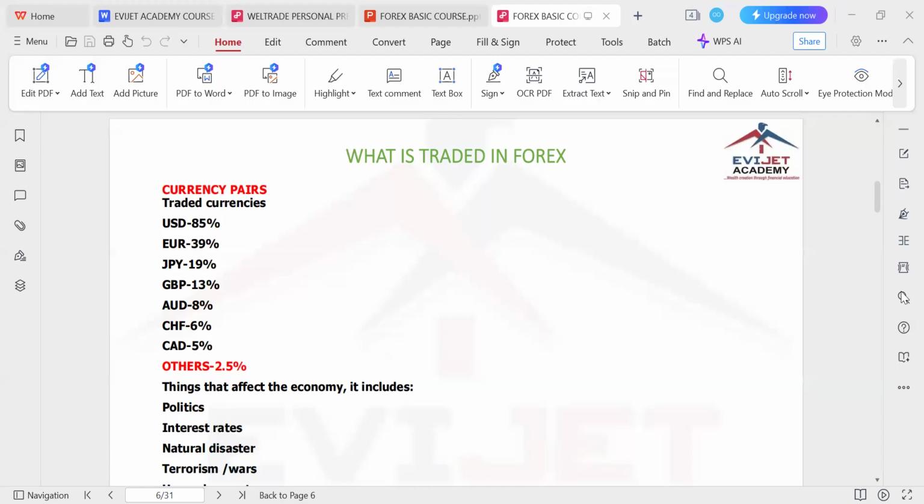So let's assume we have a tsunami somewhere in the USA. You know that will shake the economy, and you will also see it affecting the currency as well. So these are the things. We also have terrorism and war. There has been war in Gaza, Israel, and all of that. It has a lot to do with the Forex market.